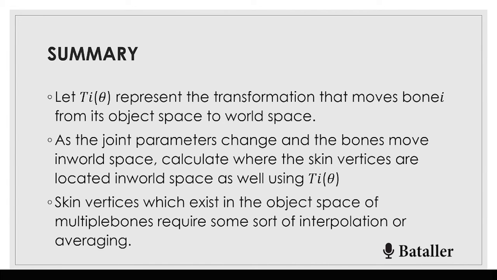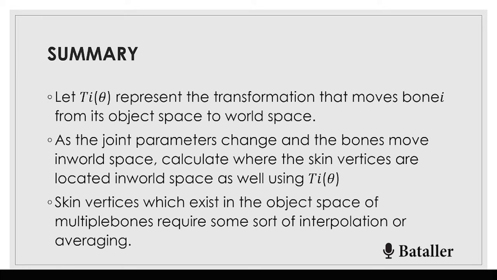Let T_i(θ) represent the transformation that moves bone i from its object space to world space as the joint parameters change and the bones move in world space. Calculate where the skin vertices are located in world space using T_i(θ).